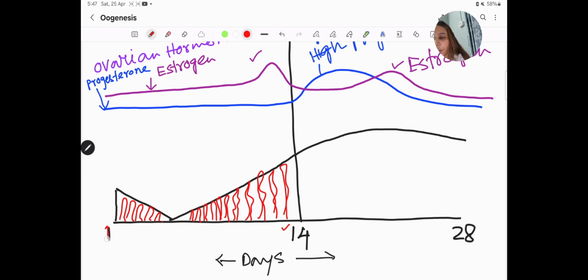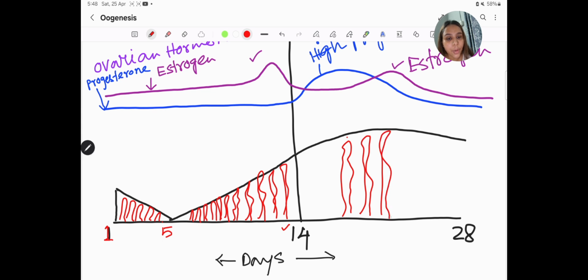This is the phase of 1 to 5 days. You see that at that time there is shedding of this endometrial wall. The endometrial layer becomes very thin during 1 to 5 days, but it becomes very thick during 14 to 28 days. Right? Why?